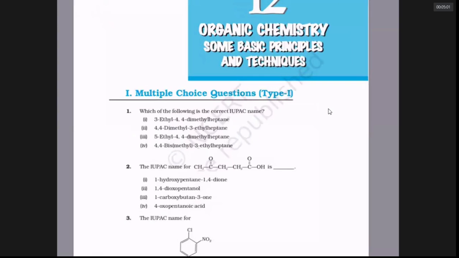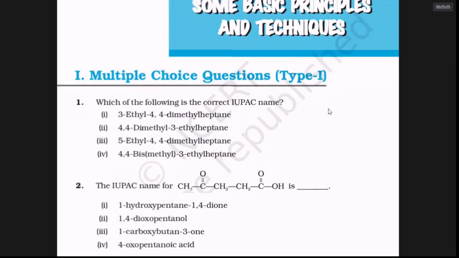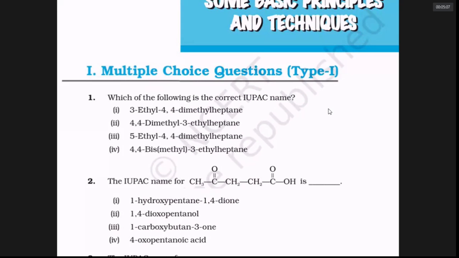So for example, which of the following is the correct IUPAC name? Can you identify the correct IUPAC name? When you write the structure, you will know whether it is a correct IUPAC name or not. The only way to solve this problem is to write the given structure and check whether the given name is correct or wrong.